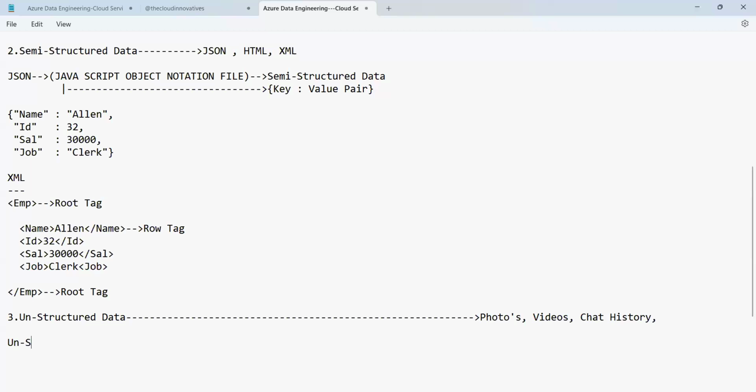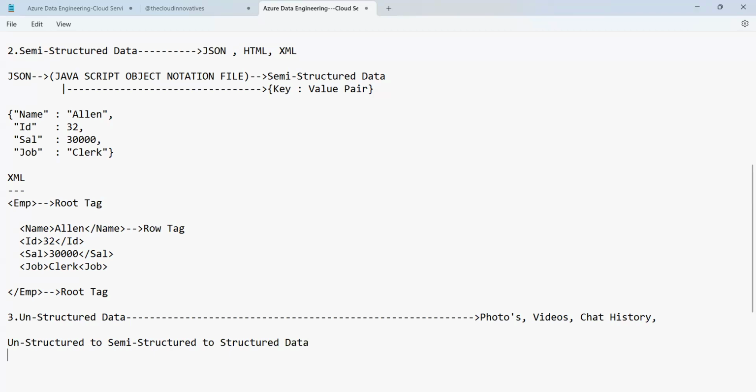unstructured data to semi-structured, and semi-structured to structured data.